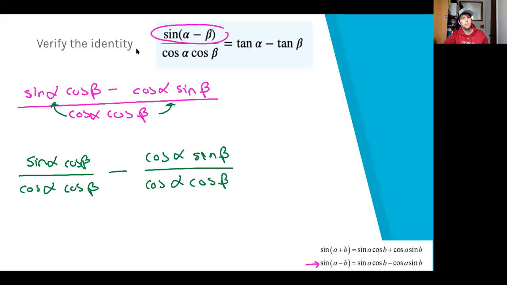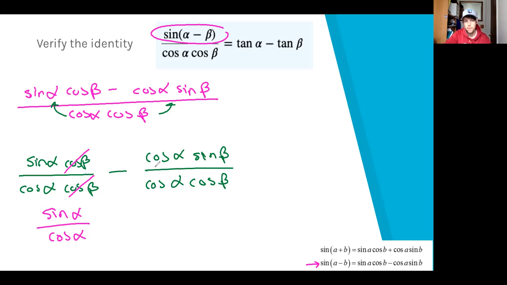We should be able to cancel some things out. But again, remember, we should only be working with things that have the same argument inside there. So notice we have a cosine beta on the top and the bottom. Those can cancel. So now we have sine alpha divided by cosine alpha, same trig function. So we can put those together using our quotient identities.